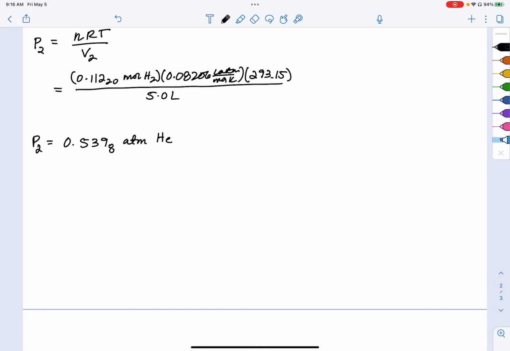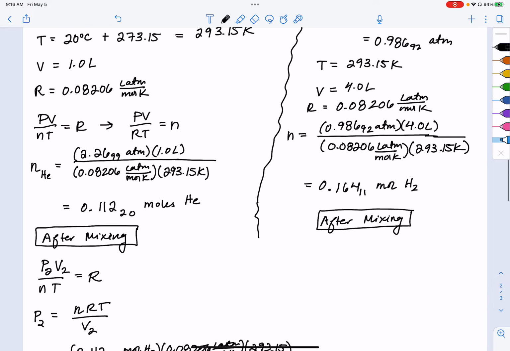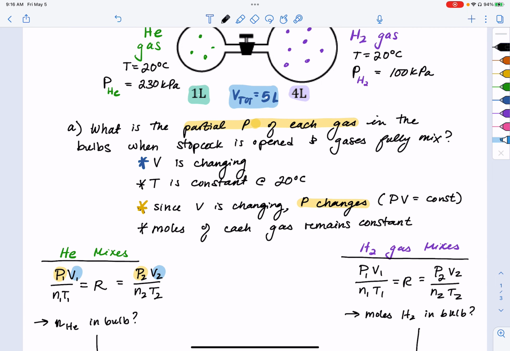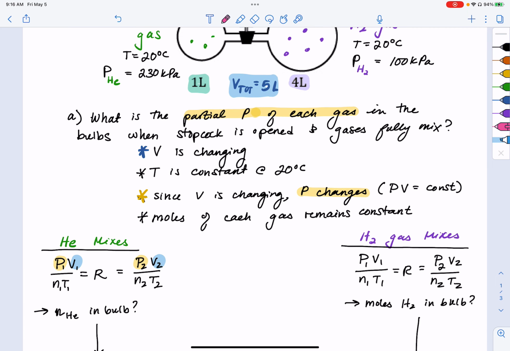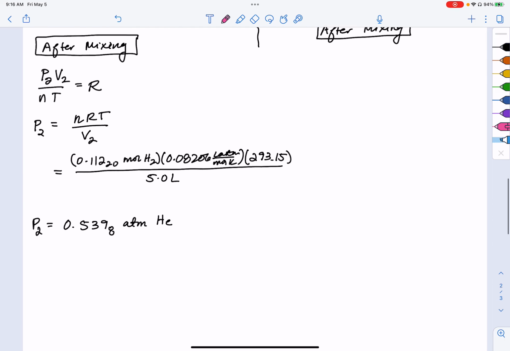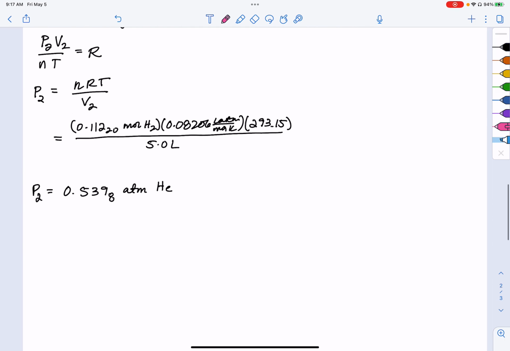And let's do a sanity check. So we know up here, we said that pressure and volume are inversely related, meaning that as the volume goes up, the pressure should drop and vice versa. So thinking strictly just about the helium, we saw that since the volume increased, the pressure should have decreased.